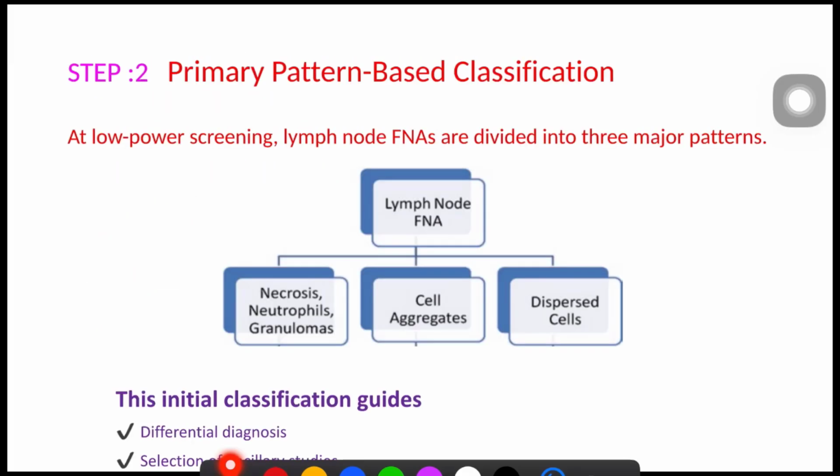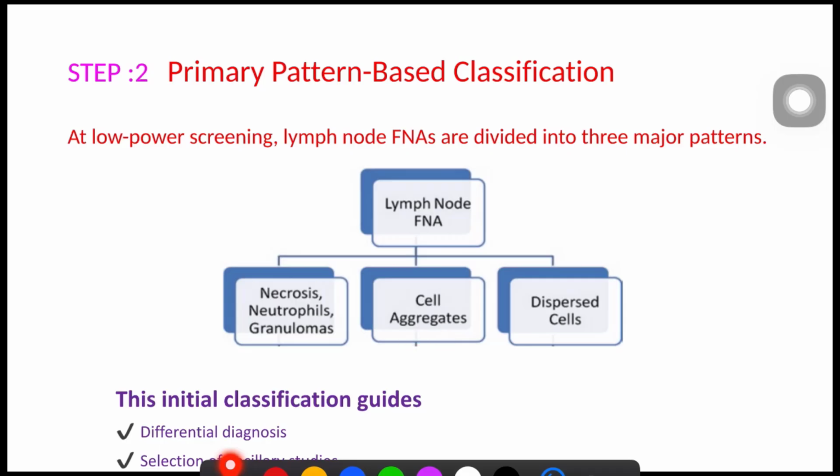Now the second step is primary pattern-based classification. At low power screening, lymph node FNA is divided into three major patterns. First, whether you find necrosis or neutrophils or granulomas. Second pattern is the cell aggregate pattern.